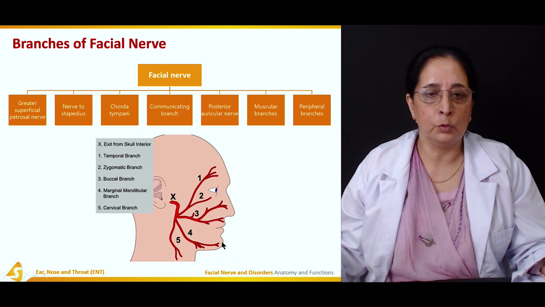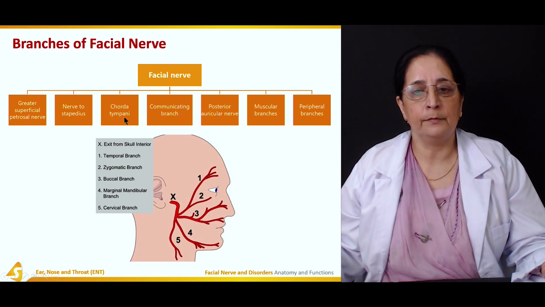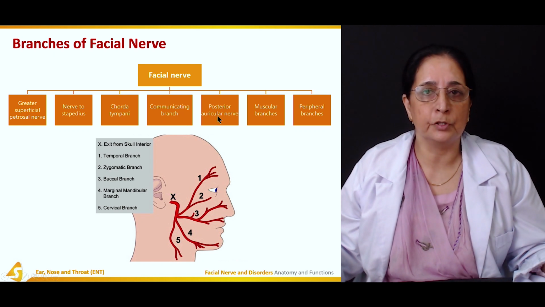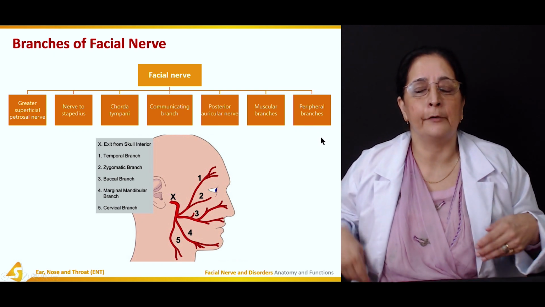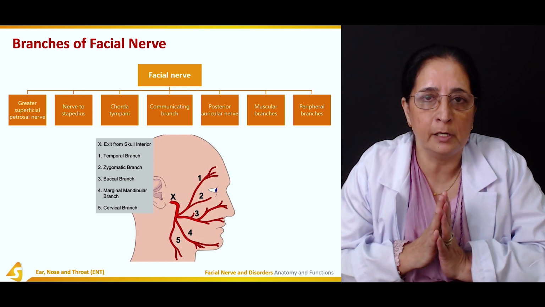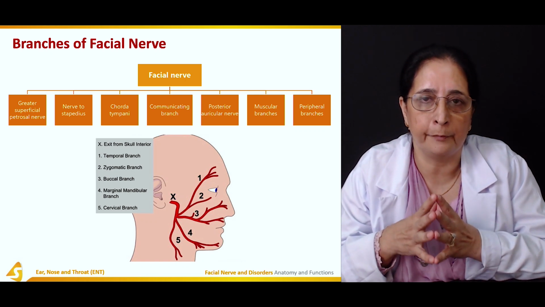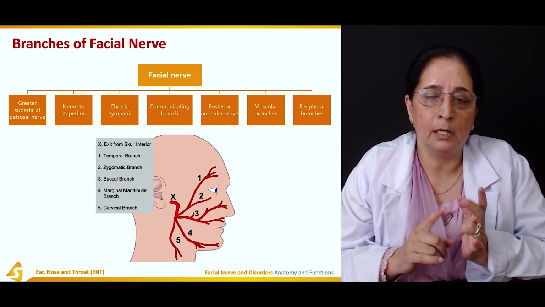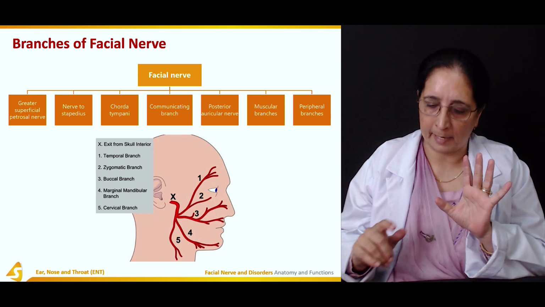So these are all the branches of the facial nerve, and the main 5 branches which supply the face are temporal, buccal, mandibular, cervical, and zygomatic.